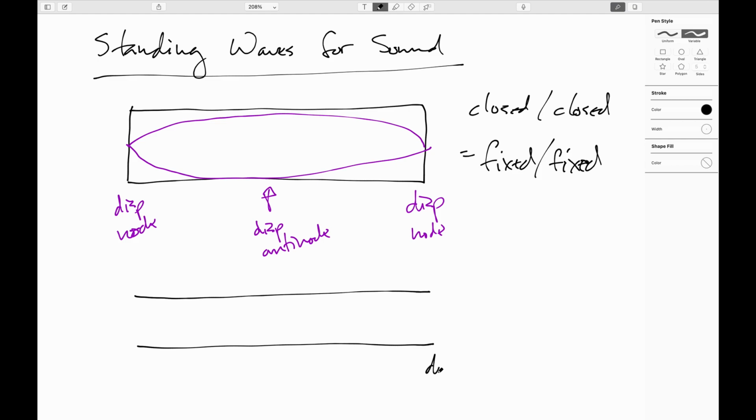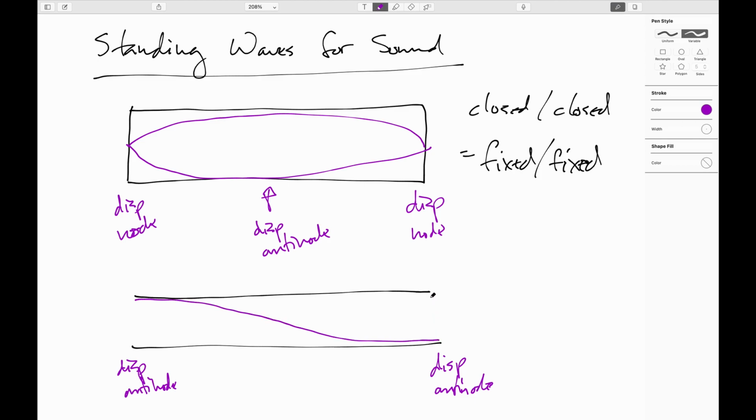So at the ends, we would want displacement antinodes, here and here. And then if this were the first harmonic, we would have a displacement node in the middle.